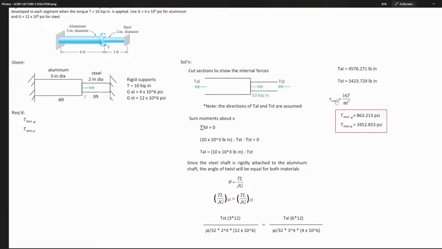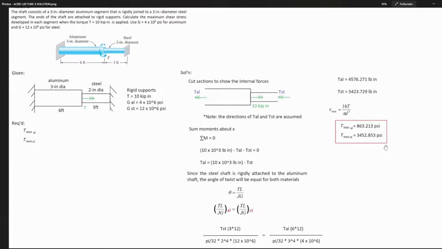So, ayun, you just substitute the values dito, you will arrive at these values for tau. No? So, yung maximum torsional shear stress for aluminum is 863.213 psi. For steel, that is 3,452.853 psi. So, ito yung ating final answers. Okay? So, ganito guys, yung compatibility equation. Okay?